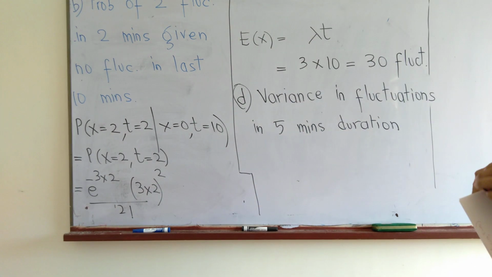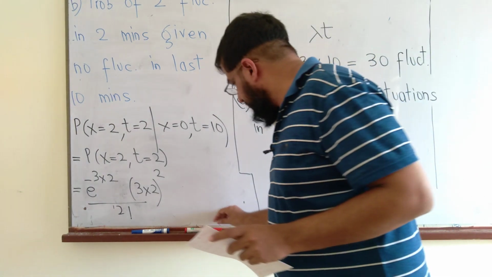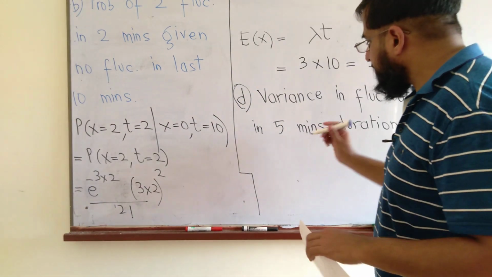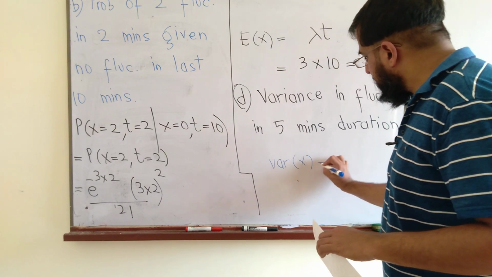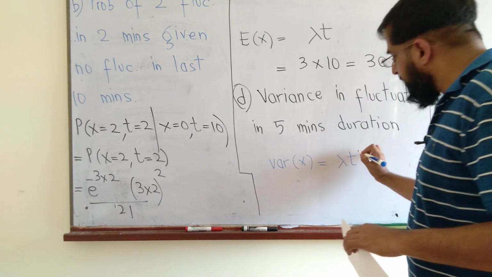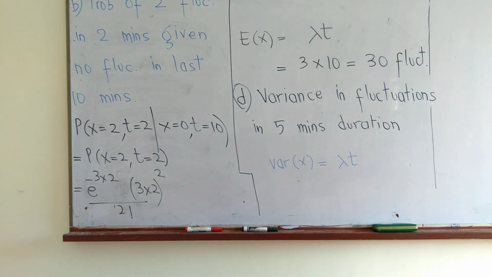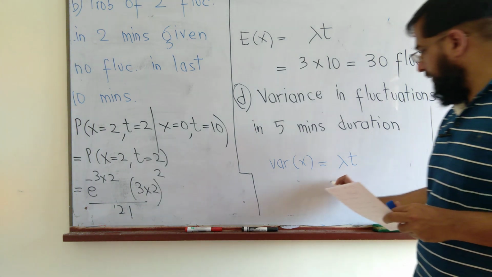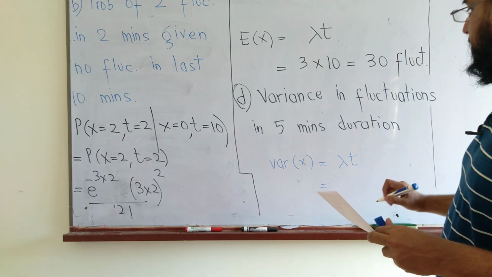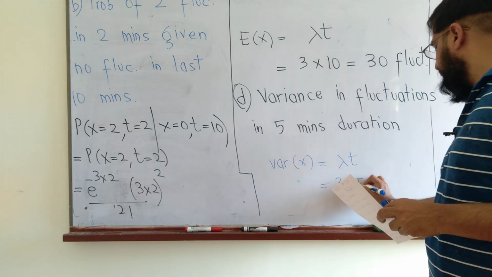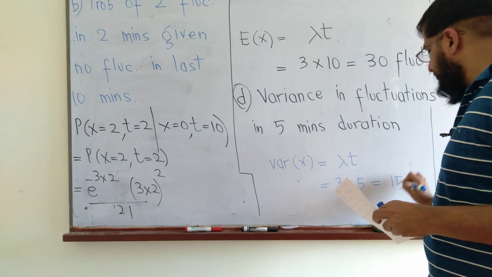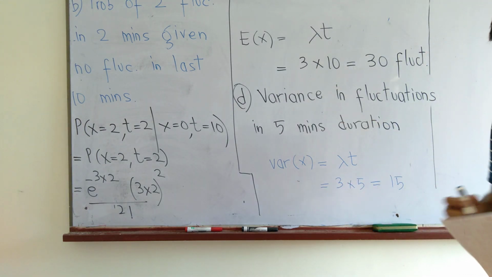For a Poisson process, we know that the variance of x is the same as its mean value, lambda times t. So variance is the same as the mean, 3 times 5. So the variance for this span is 15.